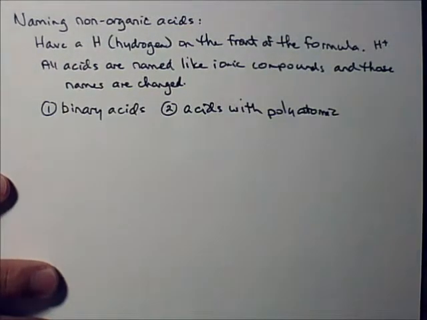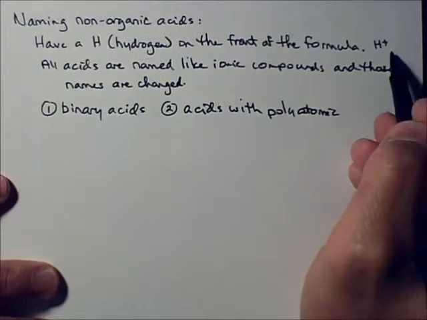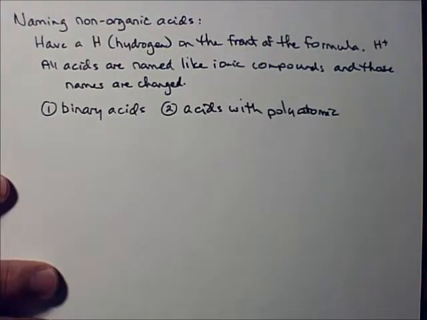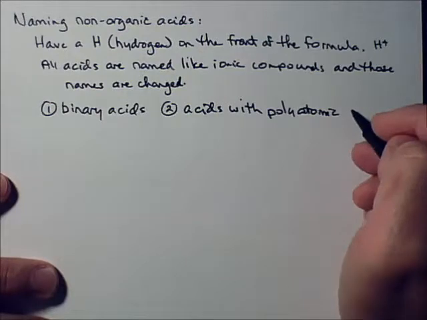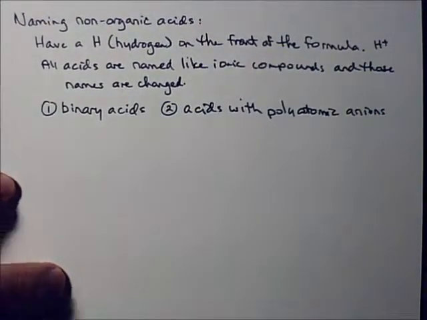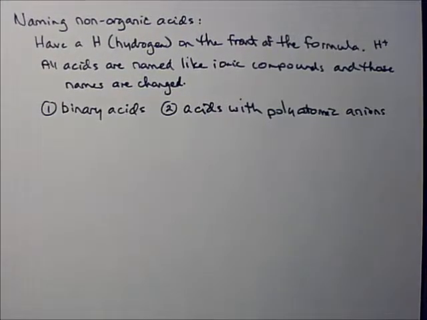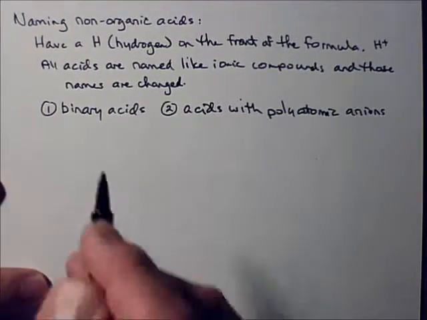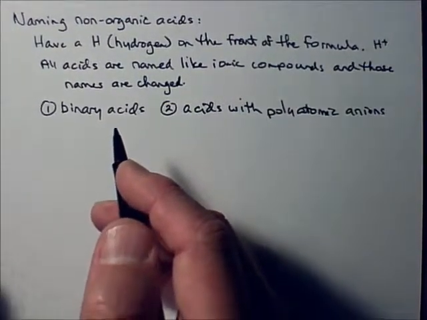The other part of it has to be negative, an anion. So we can call it acids with polyatomic anions. When you finish with the formula or the name, it's got to have a neutral charge overall. So if the hydrogen's positive, the other part's going to have to be negative. It has to be. No other way to do it. All right. So we're going to start by learning to name binary acids.